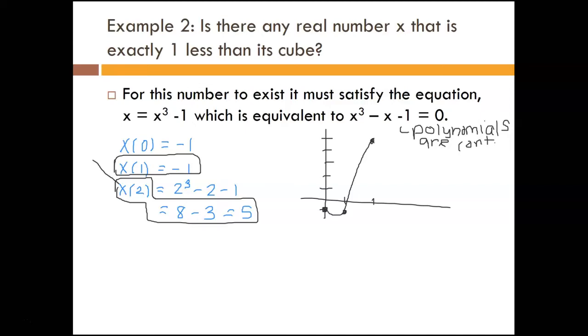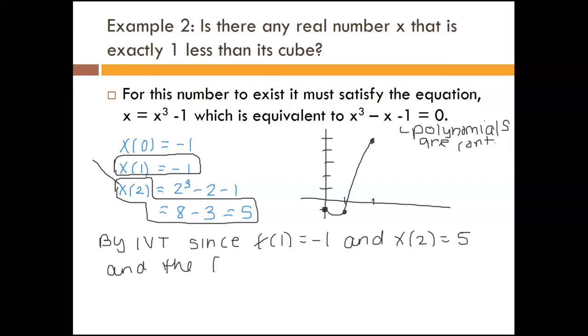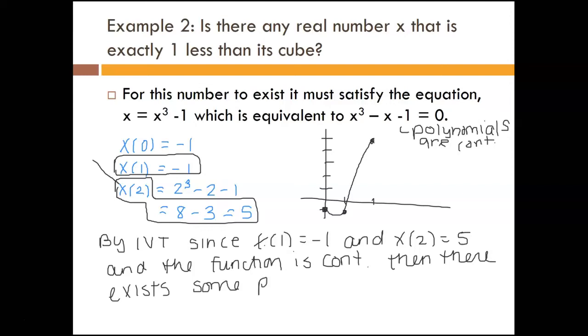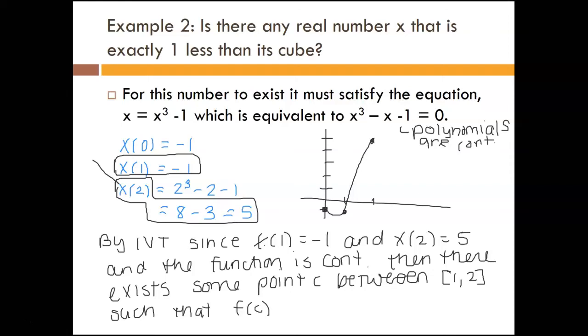So I can say by IVT, since x of 1 is equal to -1 and x of 2 is equal to 5, and the function is continuous, then there exists some point C between 1 and 2 such that f of c equals 0.